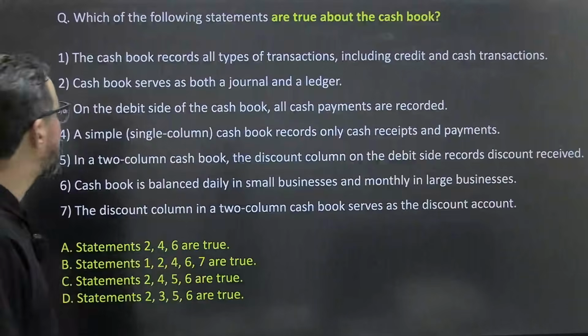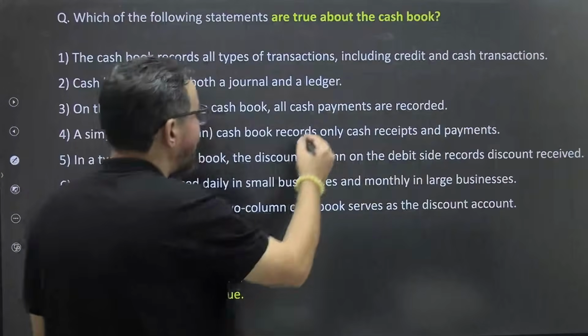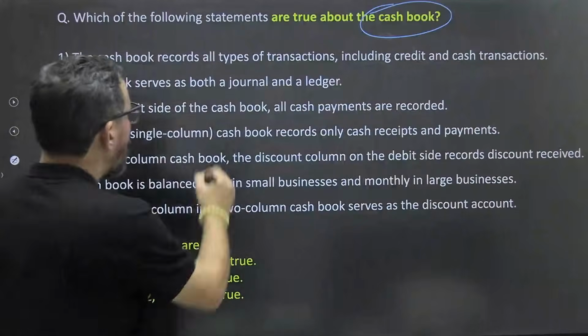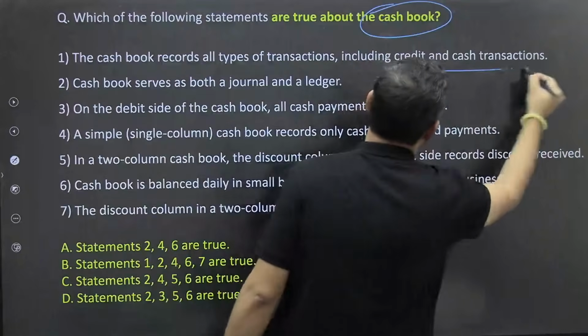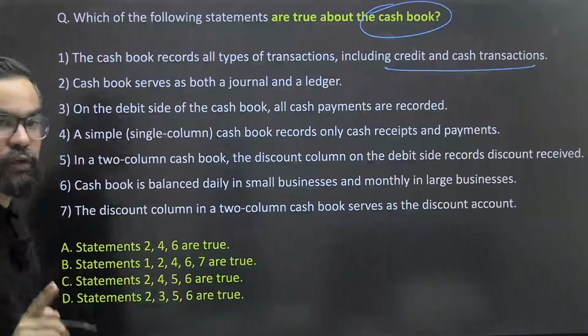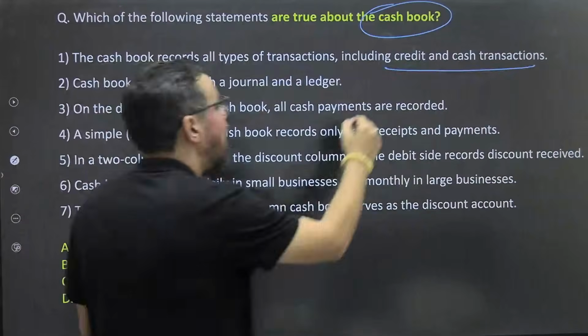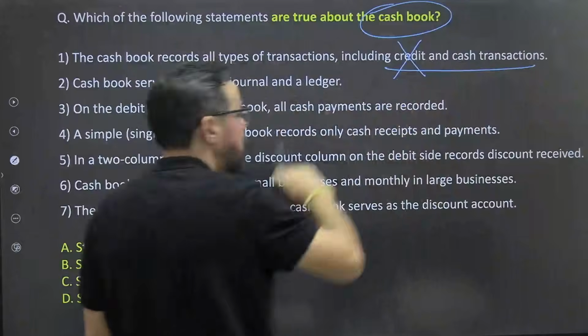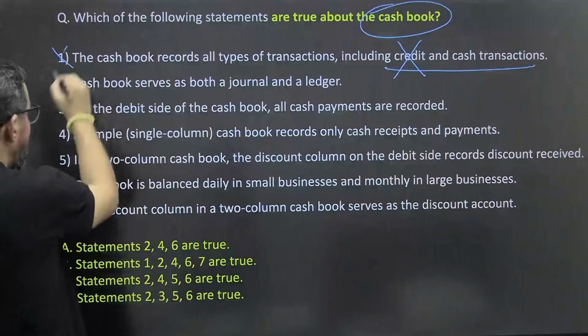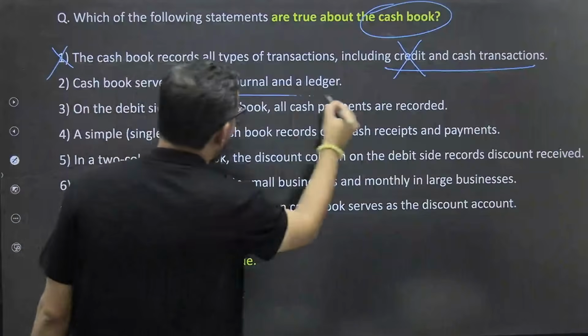So we have one question: which is true about the cash book? The cash book records all transactions including credit and cash transactions. No, first of all, the cash book only records cash transactions. No credit transaction is part of this. Wrong, the first statement itself. The cash book serves as both journal and ledger.